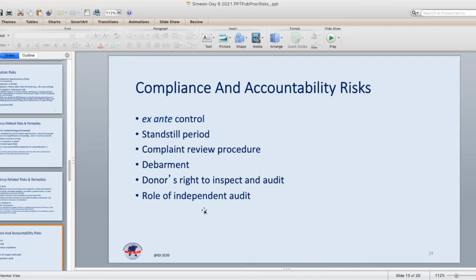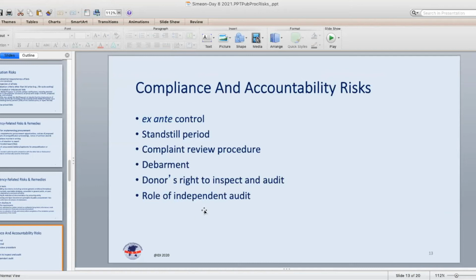Is there an ex ante control before you solicit, that the money is budgeted for this procurement? Ex ante control before the contract is signed, ex ante control before payments are made.